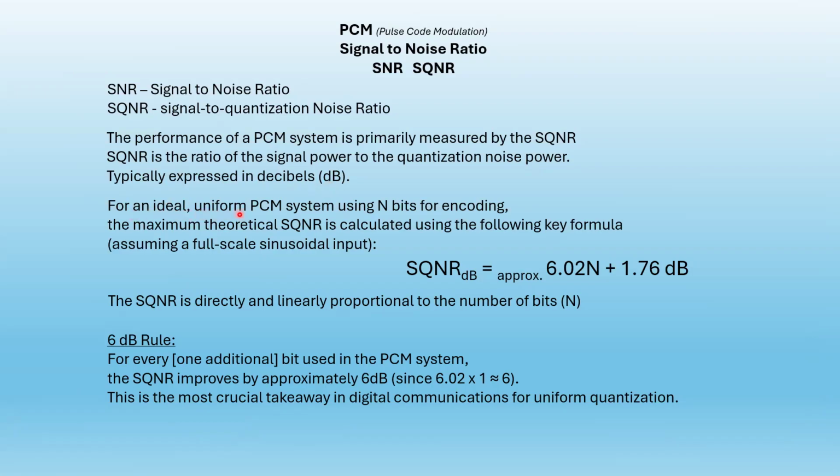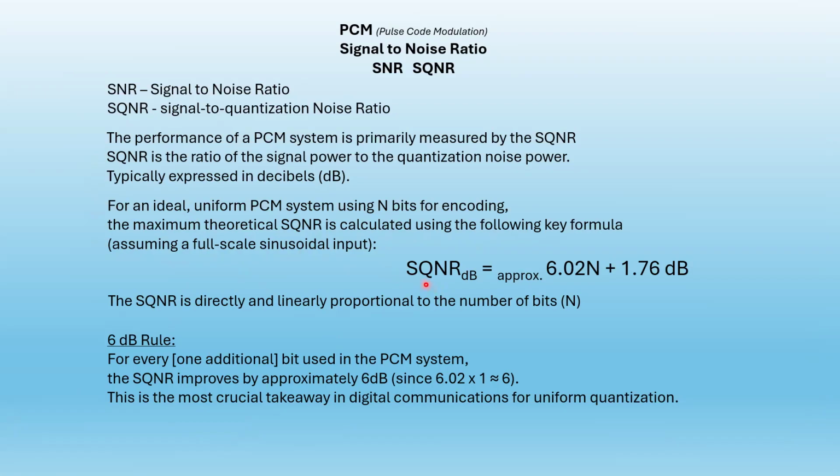For an ideal uniform PCM system, I'm not going to say what uniform is again, using n number of bits for encoding, the maximum theoretical SQNR is calculated by using the following formula, assuming a full-scale sinusoidal input. So basically when the volume is all the way up, sinusoidal, not clipped, not overdriven.